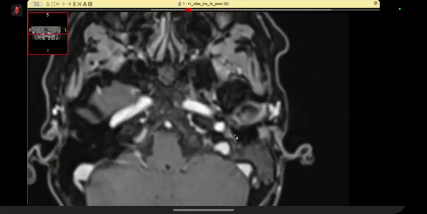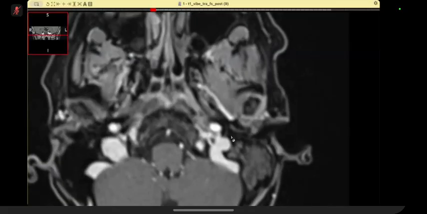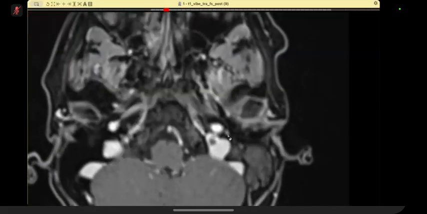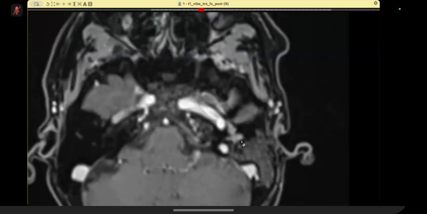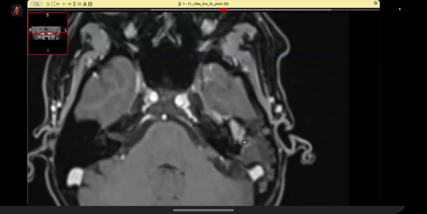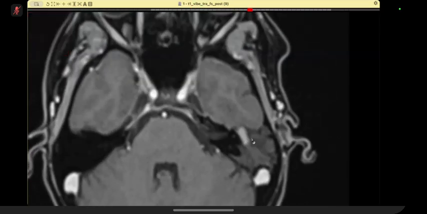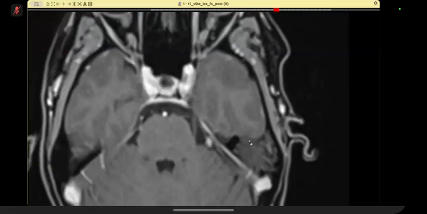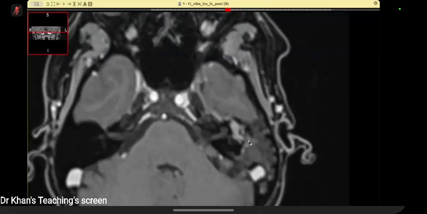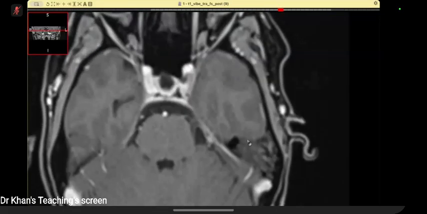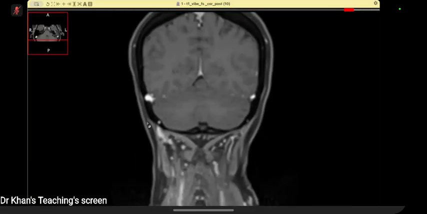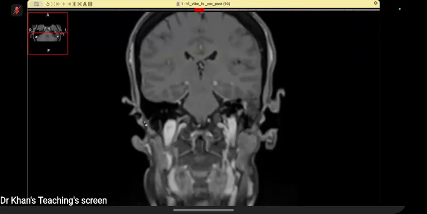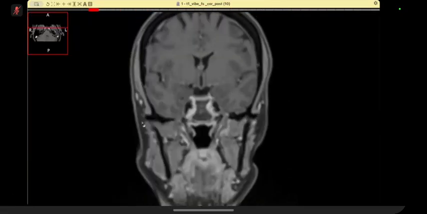And then on post-contrast, it enhances completely. If you look carefully, see how enhancement is going right and left. And look where it is going superiorly. So a bit of meninges are involved. So the point is that this is a middle ear meningioma.